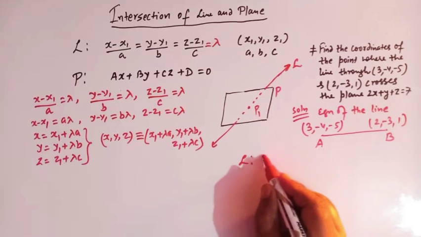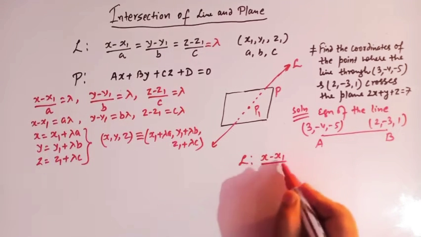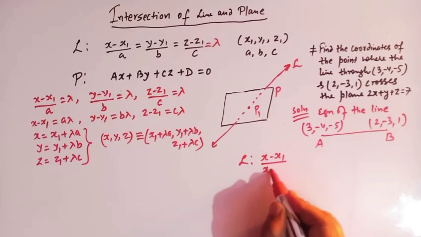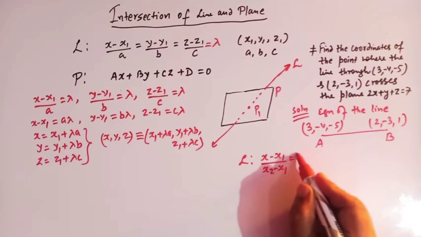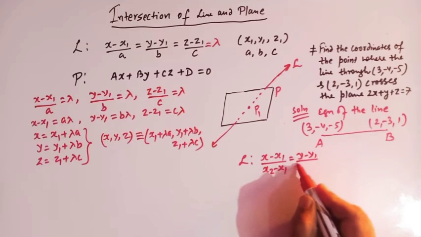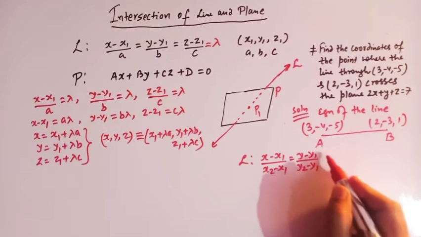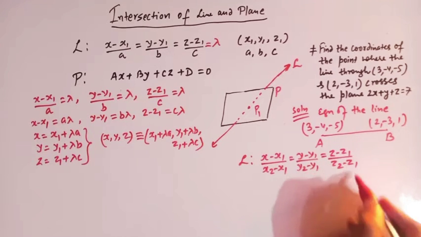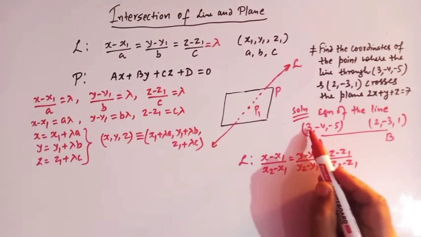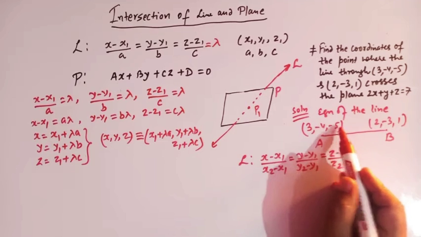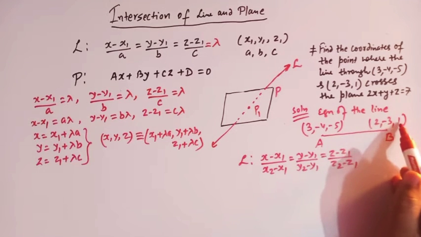So here we have (x minus x1) divided by (x2 minus x1), (y minus y1) by (y2 minus y1), and (z minus z1) divided by (z2 minus z1). So here this point is (x1, y1, z1), this point is (x2, y2, z2).